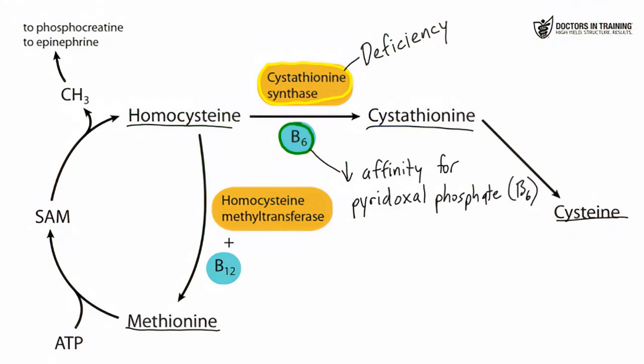So, if the enzyme doesn't interact effectively with that B6, then it's not going to work either. Now, that other pathway and problem can occur if you can't convert homocysteine to methionine. So if you have a deficiency of homocysteine methyltransferase, you can also get homocystinuria as well. So as you accumulate more and more homocysteine, this is going to build up in the urine, and that's going to be where you're going to get your diagnosis most of the time.